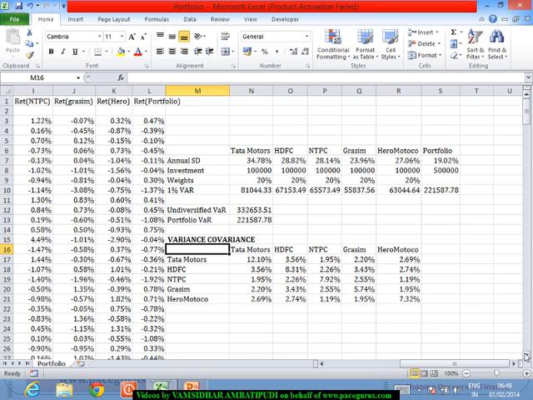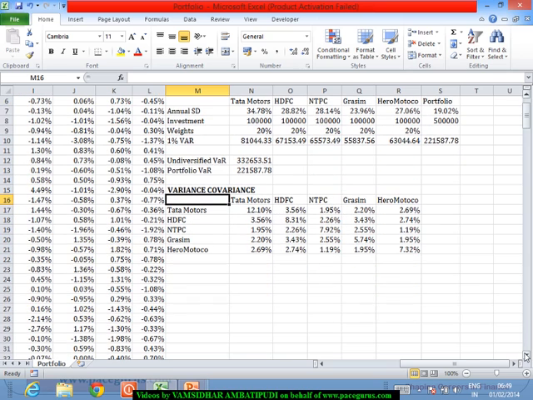So all I can do here is a simple matrix multiplication by considering the weightages. So probably I'll take these weightages, the amounts that we have invested, 10,000 or 100,000.